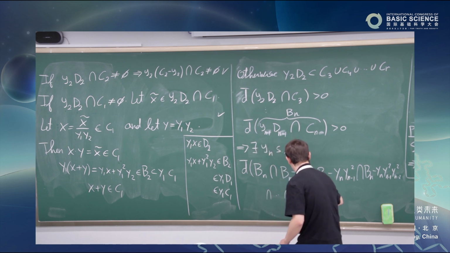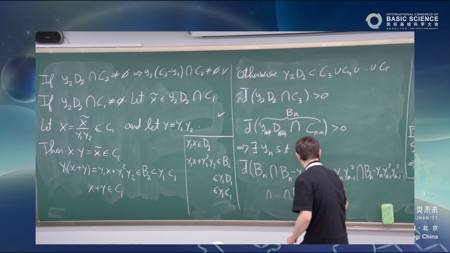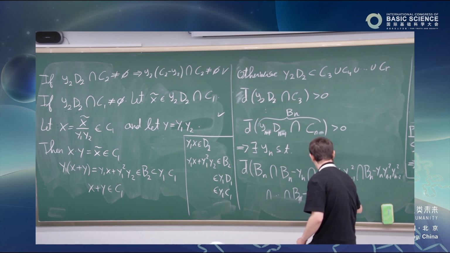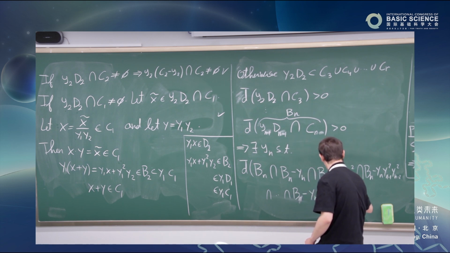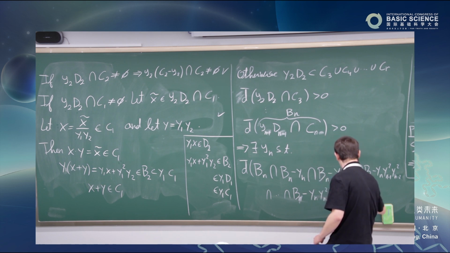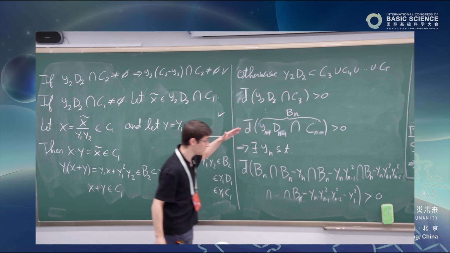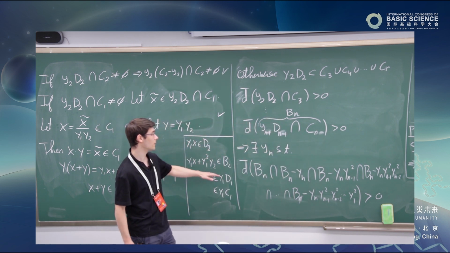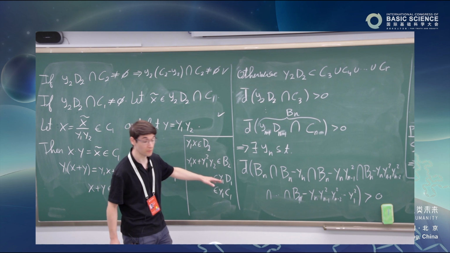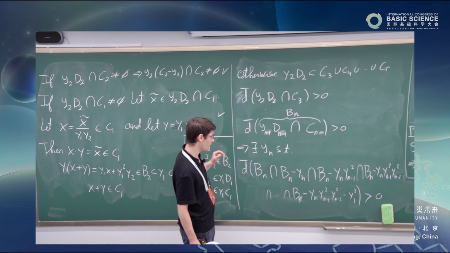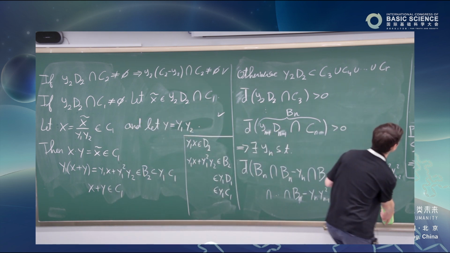So the last one is bn minus yn, and then yn minus 1 squared, yn minus 2 squared, down to y1 squared. So this is how we use Szemerédi's theorem in the general step.